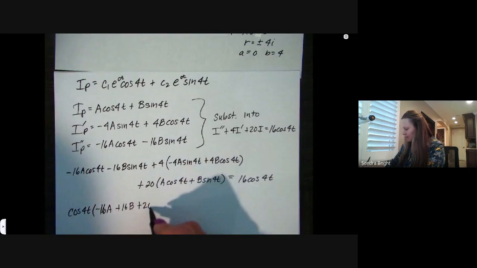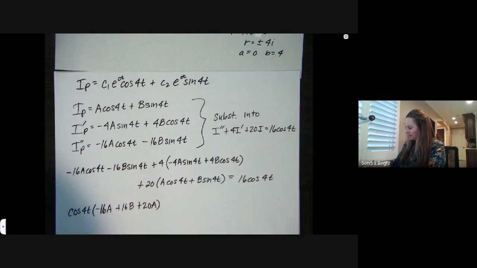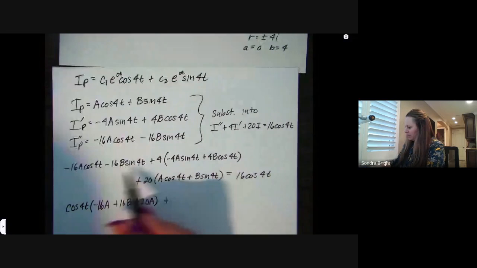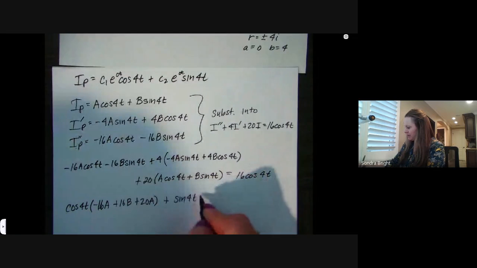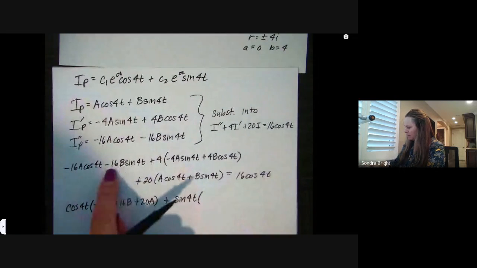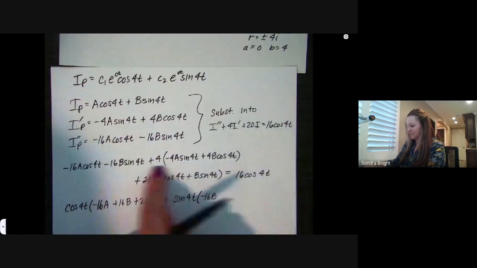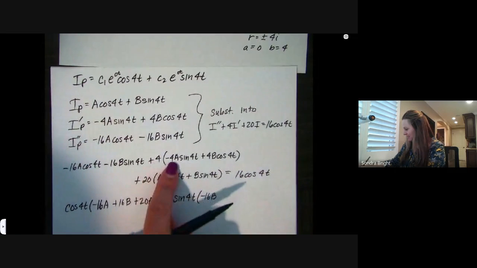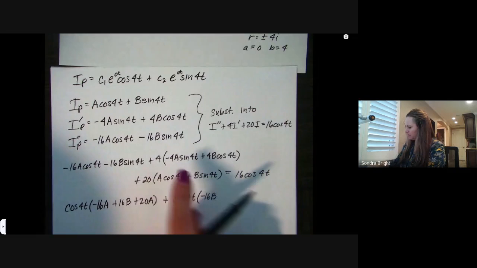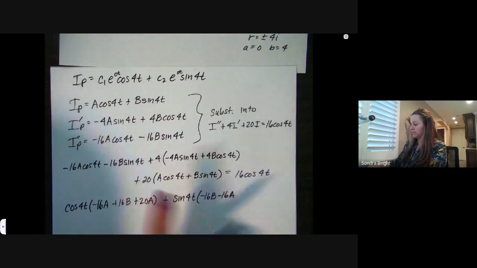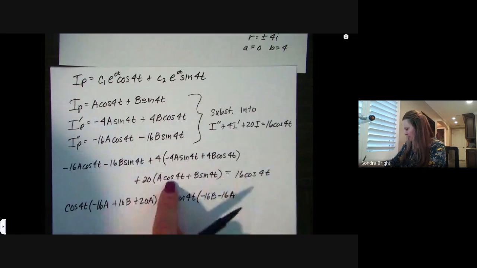And then I'm going to factor out a sine, because my other terms are a sine of 4t. Okay, and I would have a negative 16b. This I would have had a 4 times negative 4 times a, so a negative 16a. That's cosine, and then a 20 times b.